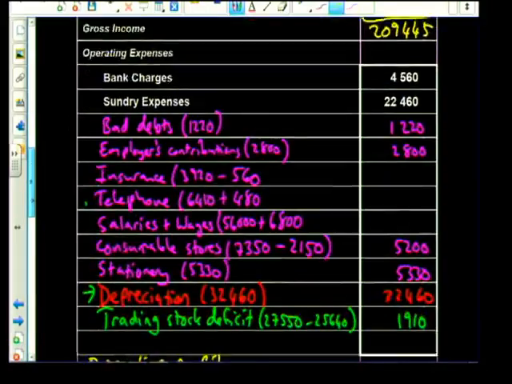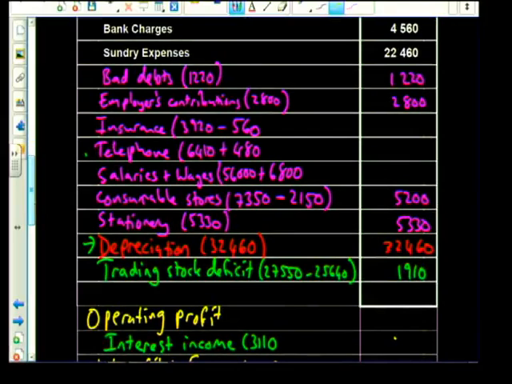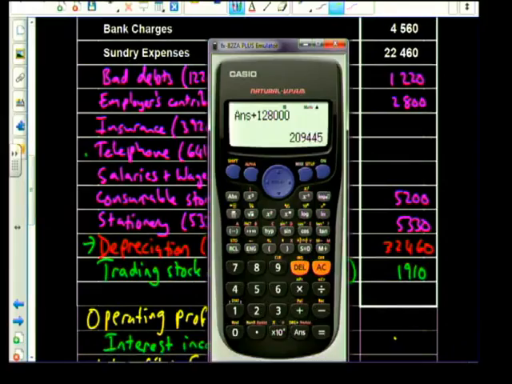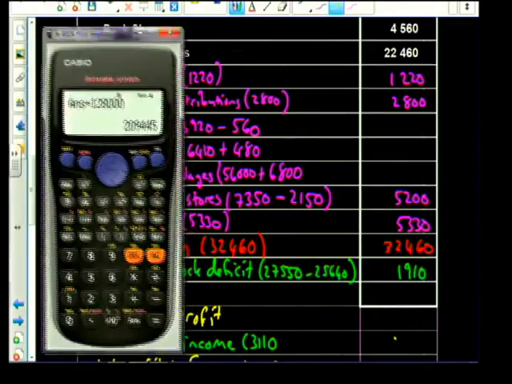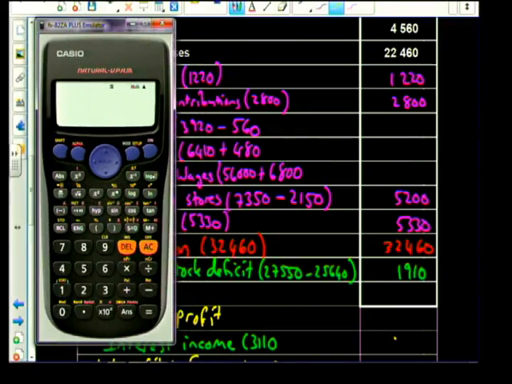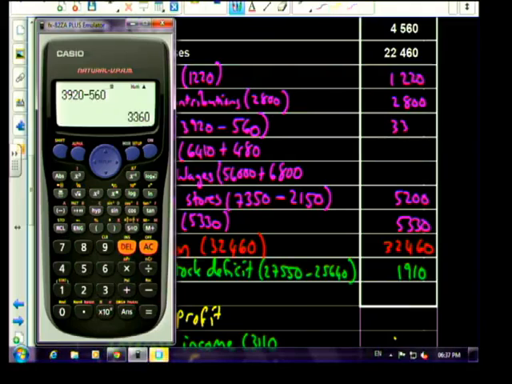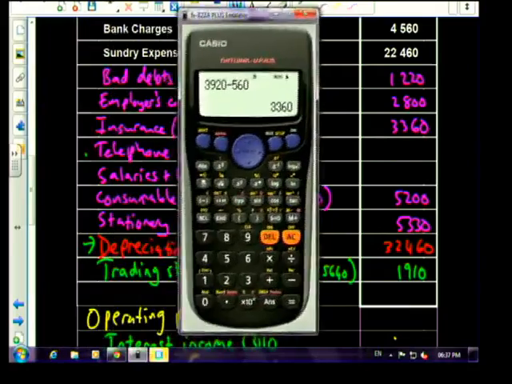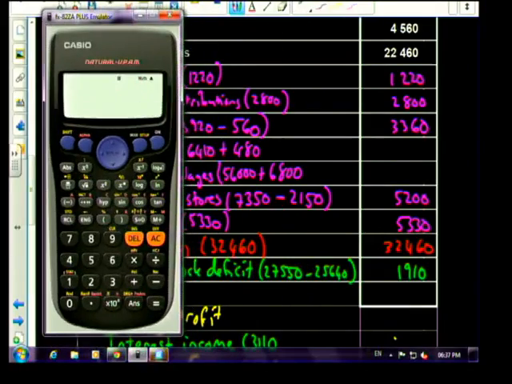And now we have to do the same with our various expenses. We just have three to calculate, so let's do those quickly. To calculate our insurance, we're going to take 3,920 minus 560, which comes to 3,360. Close the bracket and write it here. To calculate our telephone, we're going to take 6,410 plus 480, which comes to 6,890.